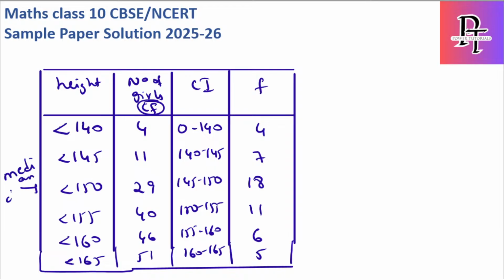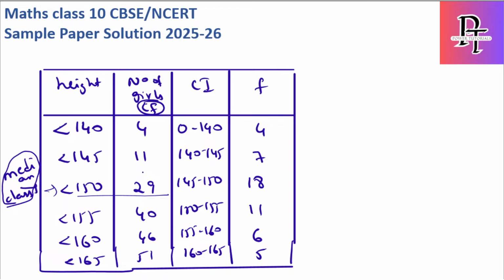Repeating how to find the median class: wherever the n by 2 value is present, that will be the median class. Here the total number of girls is 51. The median will be 25 or 26, 25.5 is the exact value, but the number of girls cannot be 0.5, it will be an exact number. So 25, 26 is present in this class interval, because till 29 it is present under this. We have 26 which is here itself.